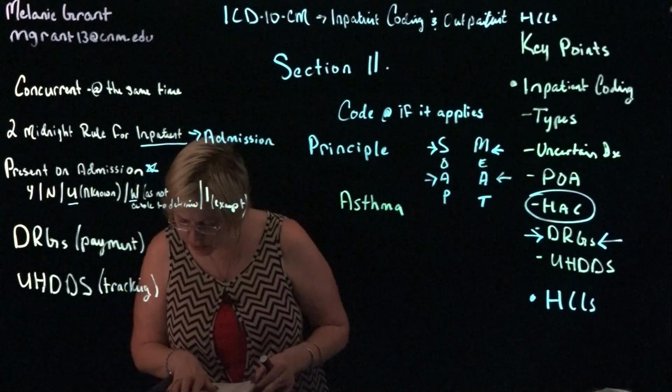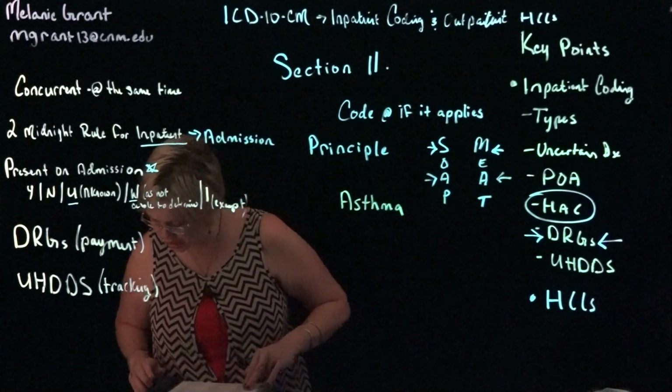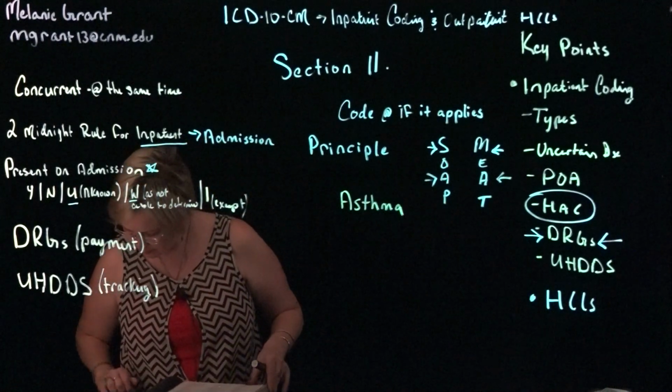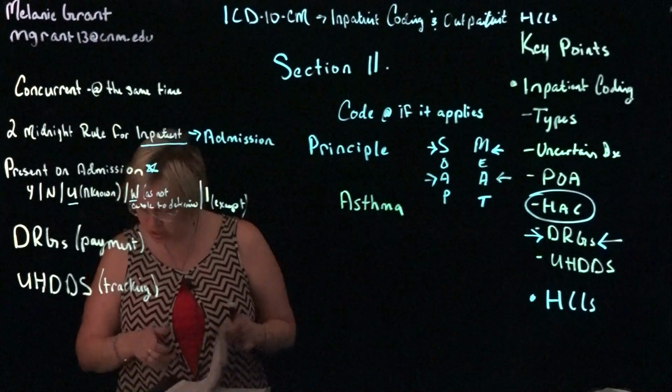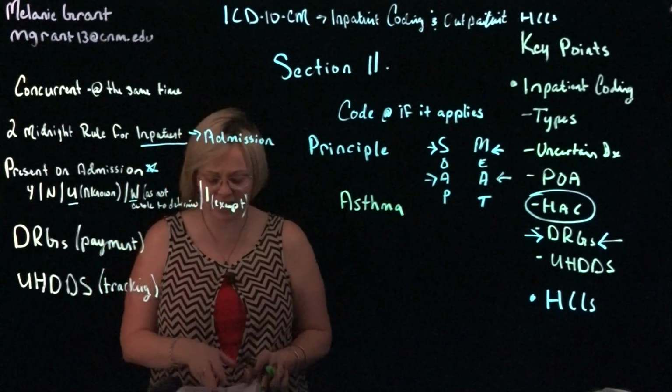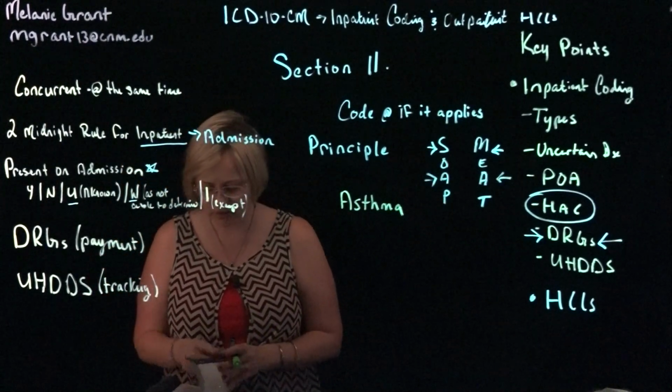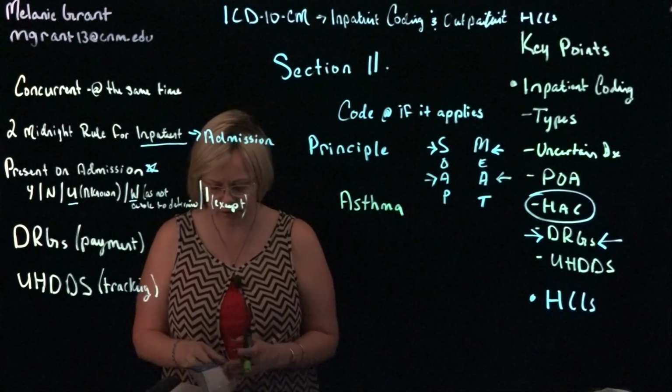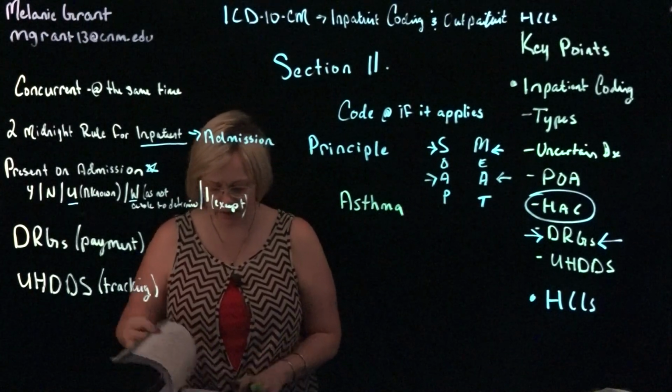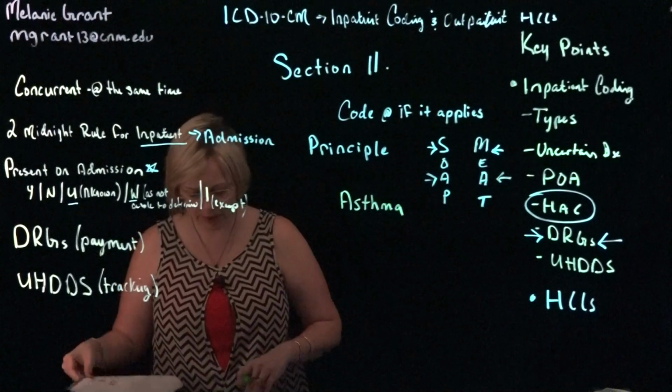So asthma is going to be classified in our J section. And I'm going to go over there now to J45 in my ICD-10-CM book. And there's a reason for my madness, I swear.